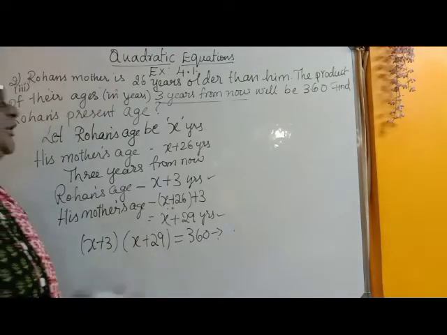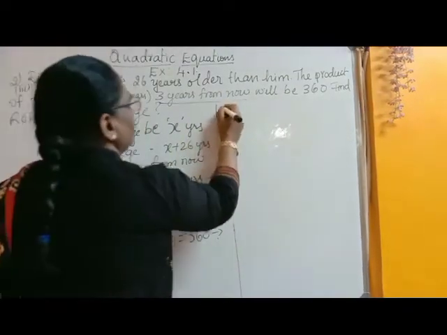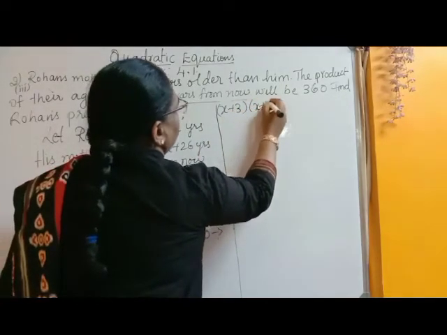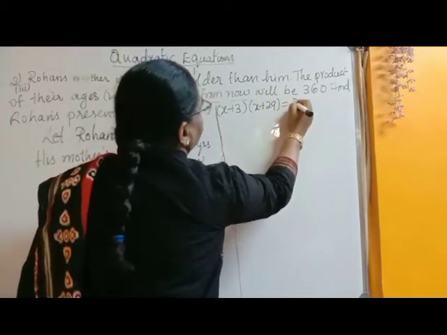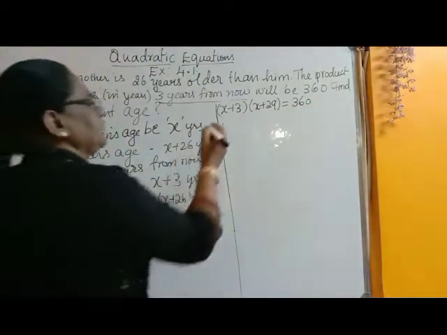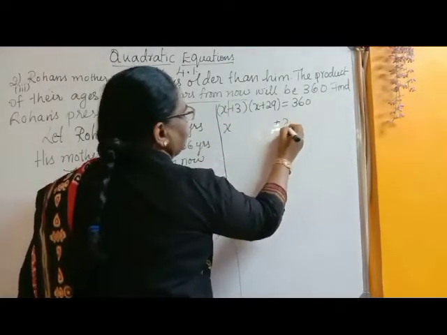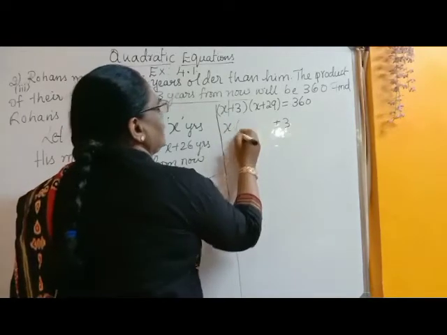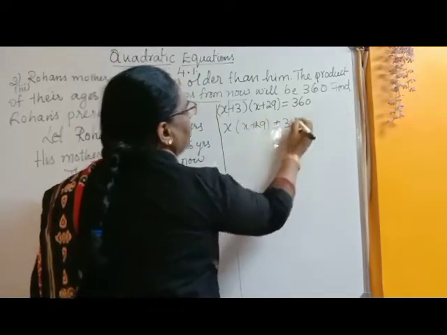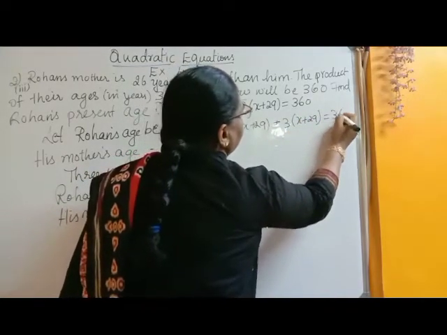First, this is a binomial multiplication: (x plus 3) into (x plus 29) is equal to 360. Now here you have two terms, split it. Write the second factor, x plus 29, with each term.